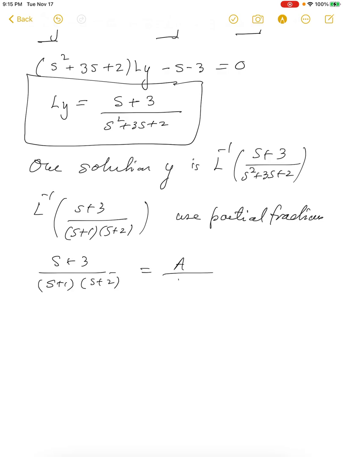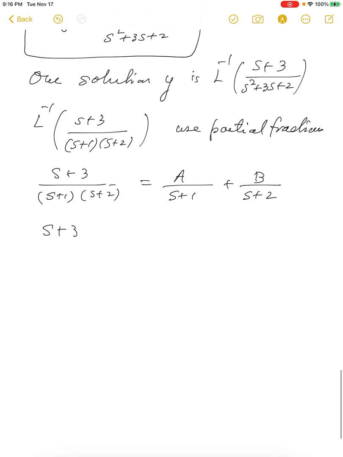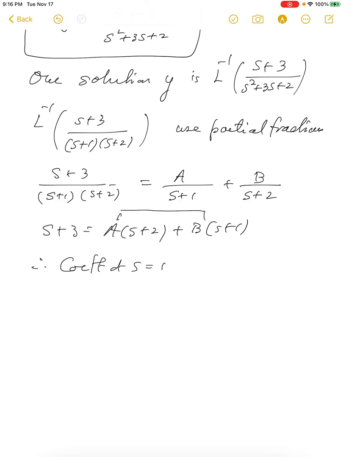This I will write as a over s plus 1 plus b over s plus 2. So you get s plus 3 equal to a times s plus 2 plus b times s plus 1. That gives me the coefficient of s, which is 1, must equal a plus b on the right side, and the coefficient of s to the 0, which is 3, equals 2a plus b.